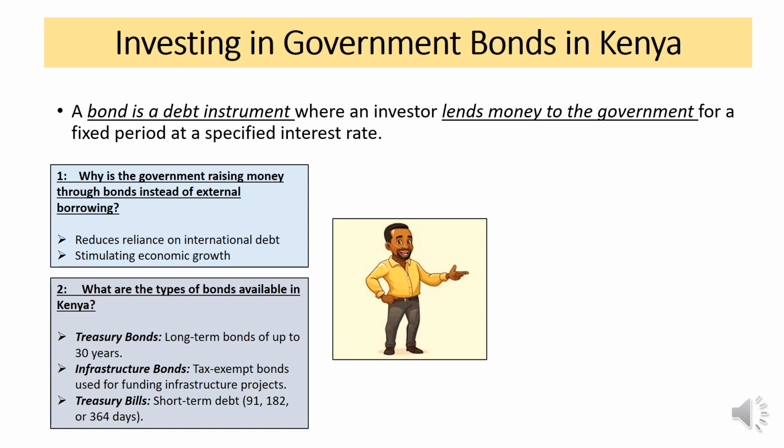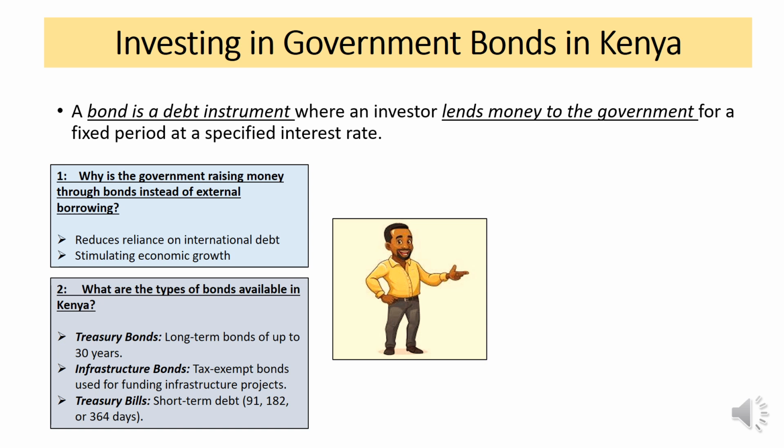So there's a second type called infrastructure bonds. Infrastructure bonds are also bonds, but they are specifically for funding capital intensive infrastructure projects. Let's say building a dam, constructing a railway line, constructing maybe a highway. So the government floats an infrastructure bond.